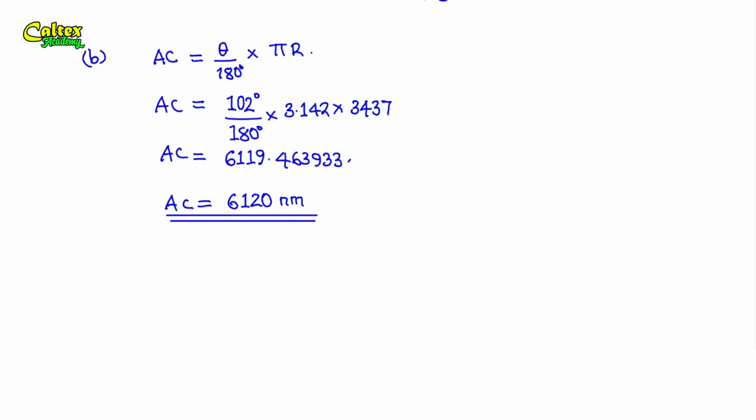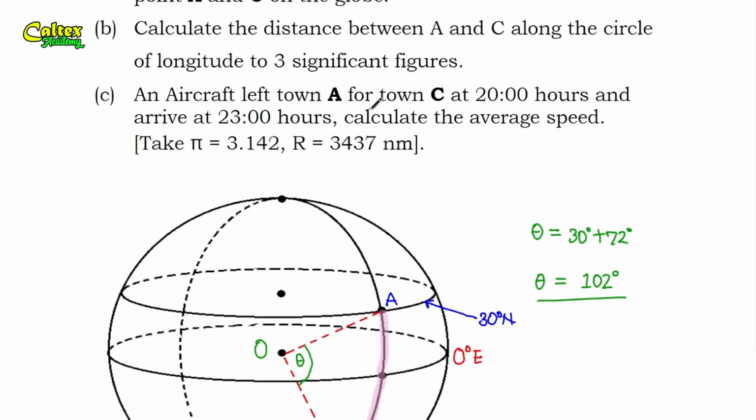Again, let's look at part C of the question and see what it says. So in part C of the question, it says an aircraft left town A for town C at 20 hours and arrived at 23 hours. Calculate the average speed.